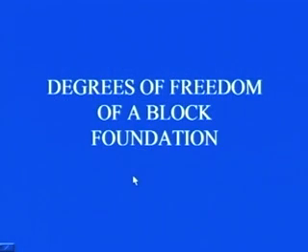Now, let us try to see what are the various degrees of freedom of a block foundation. As you know, when we defined the degrees of freedom, what was the definition? It was how many independent coordinates you require to define a particular location or the state of a vibrating body.